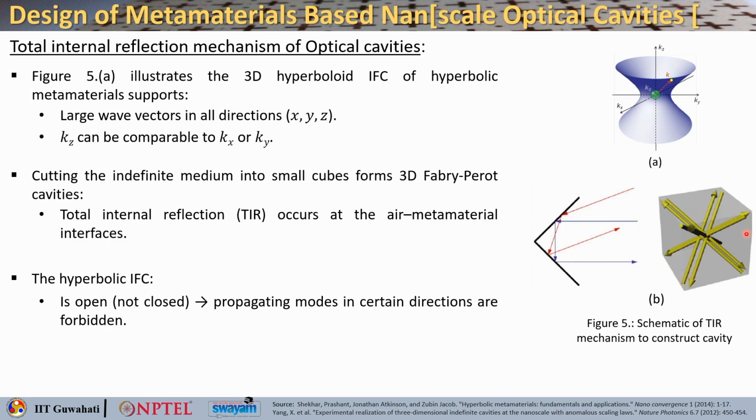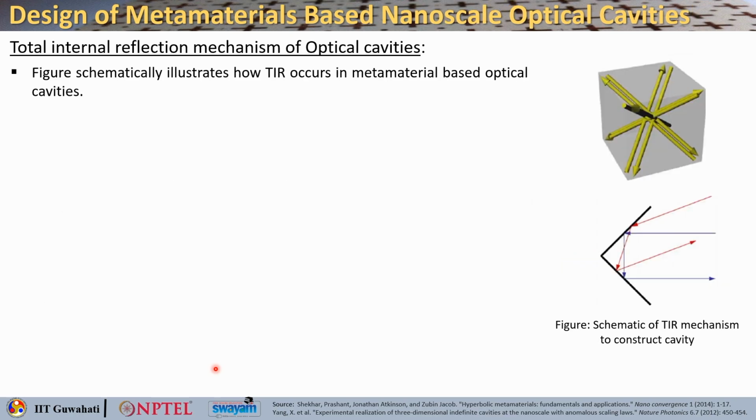So, this is what is happening at the different corners. This metamaterial and the air interface will support total internal reflection, mainly based on the huge difference between the supported wave vectors. So, this also results in direction dependent total internal reflection conditions. So, we will establish that dependency here.